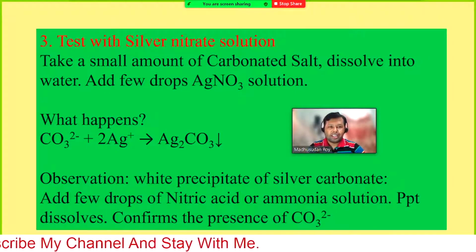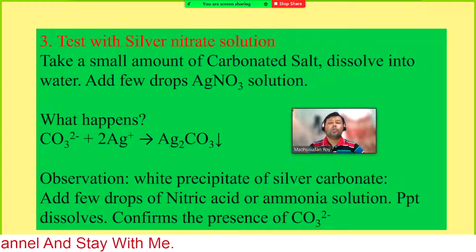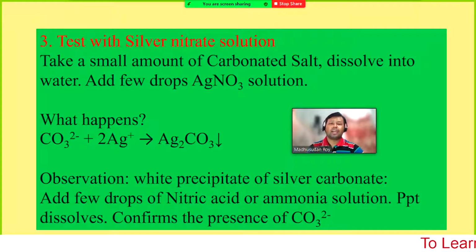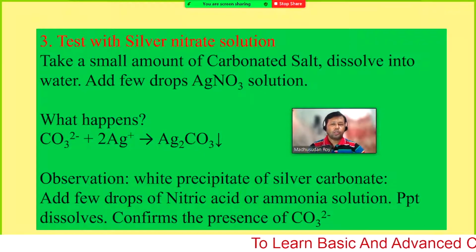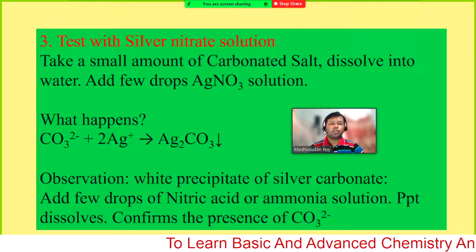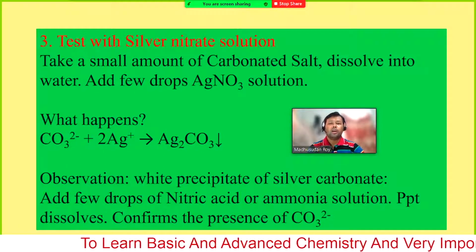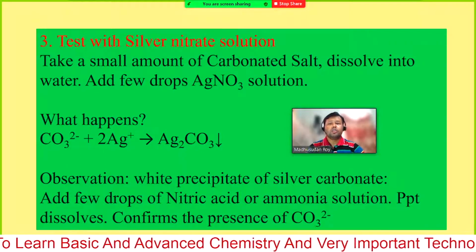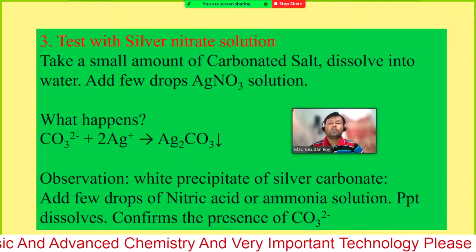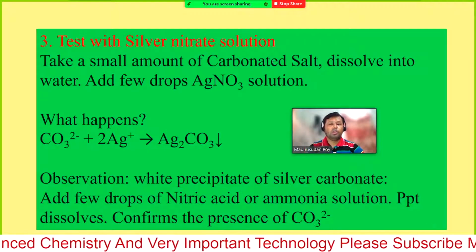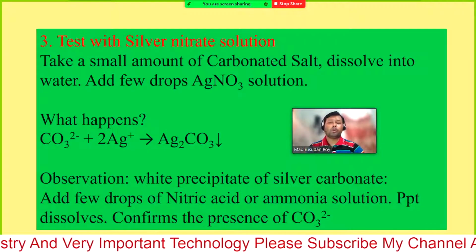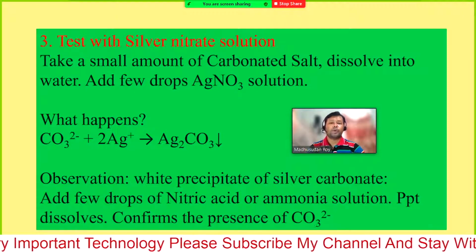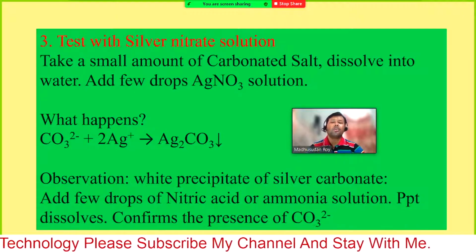Why are we taking the clear solution? Because we need to make observations, such as a dark or colorful change, a different color, or a white precipitate. If our solution is not clear, we will get a false observation. So we always need to make a solution which is clear or transparent so that we can make our observation.